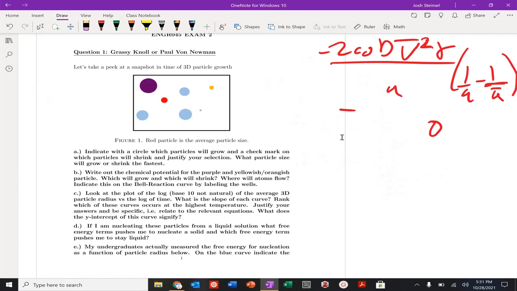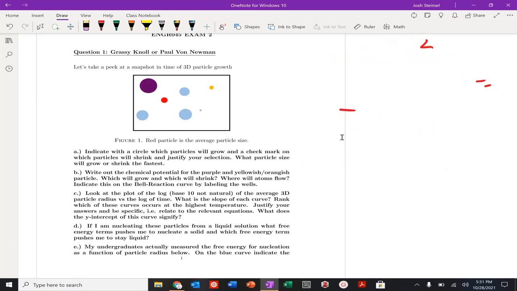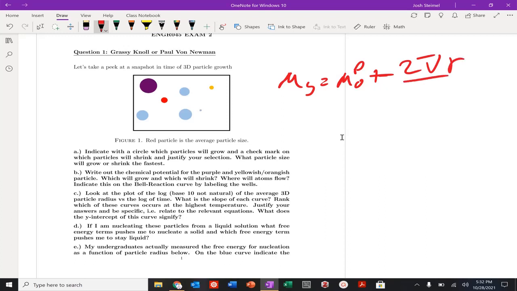Write out the chemical potential for the orangish, yellowish, and then the purple one, and say which atoms will flow. We already wrote out the chemical potential: mu of a sphere is equal to mu naught of an infinite plate plus 2 v bar gamma over r.